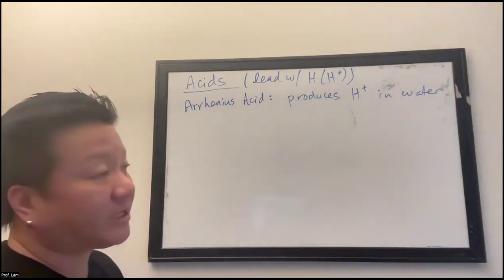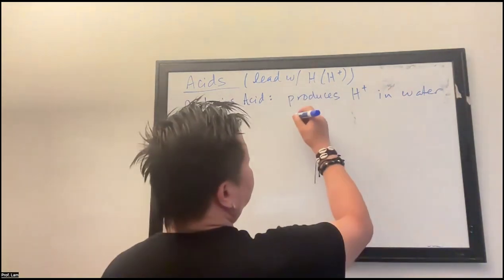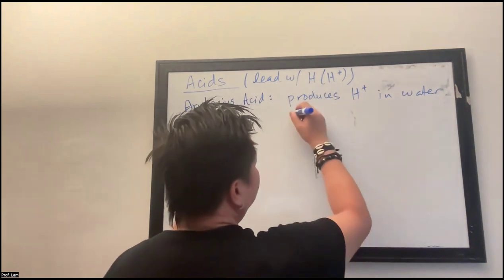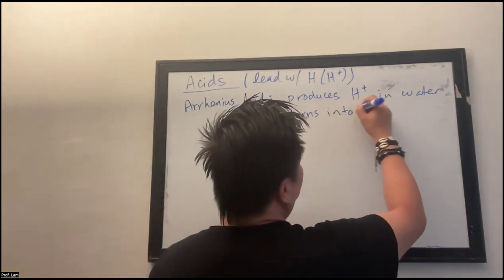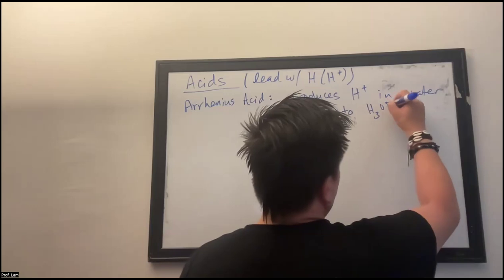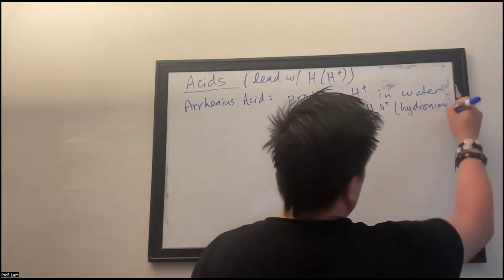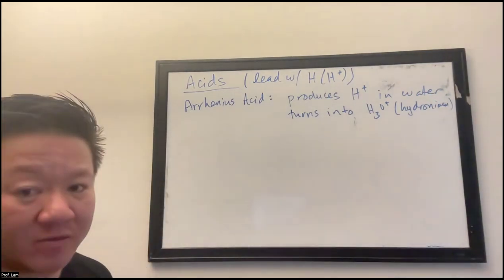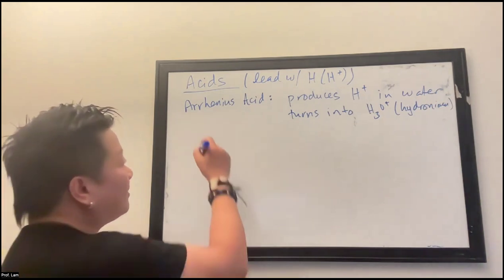So it'll contain a proton and it'll produce H plus in water, which will turn into H3O plus, which is the hydronium ion. Hydronium is H3O positive. Now how does this do this? Well, let me show you.